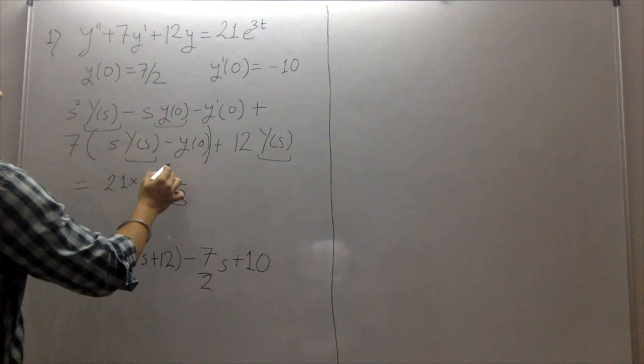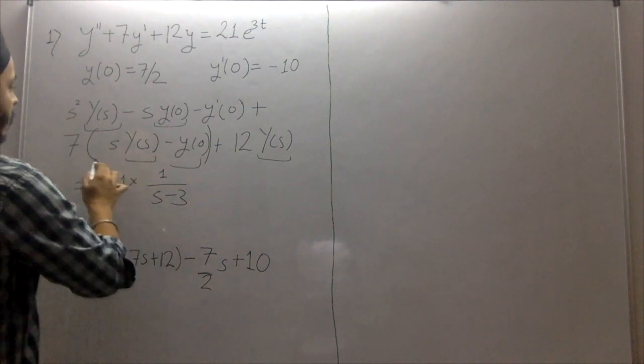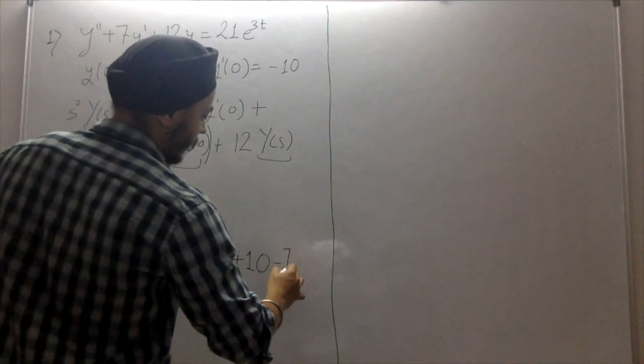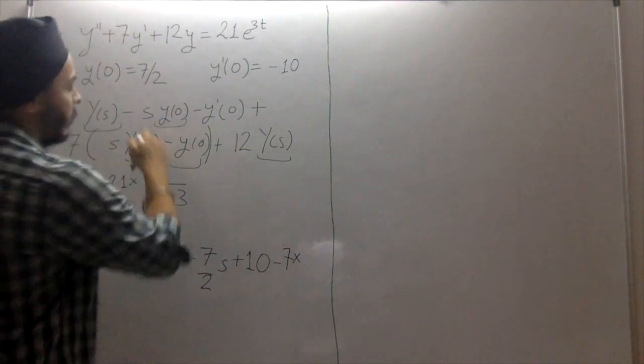And this will become y of 0, which is 7 into 7 by 2, since y of 0 is 7 by 2.